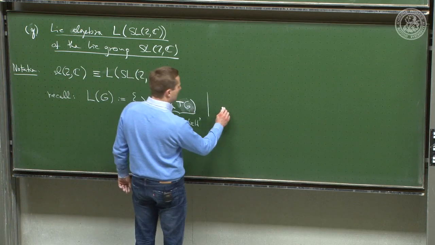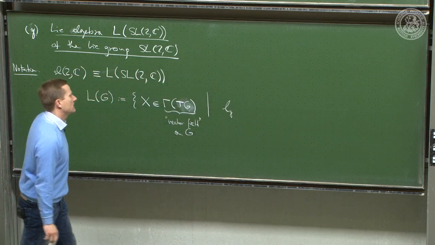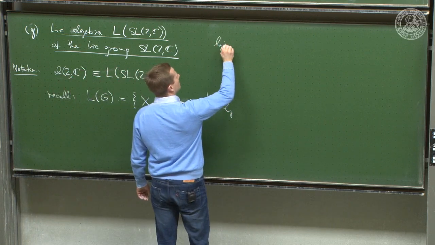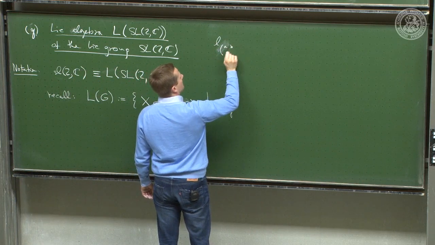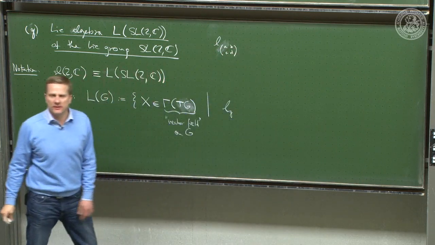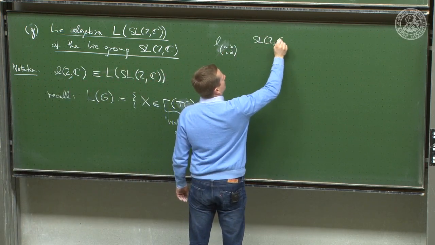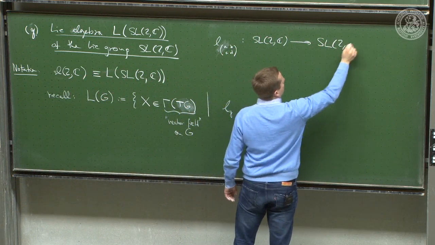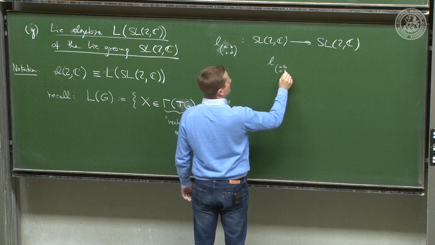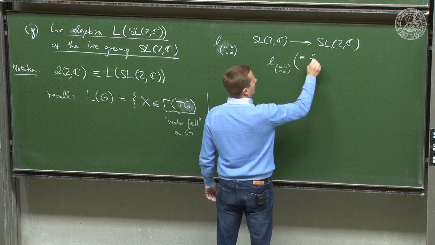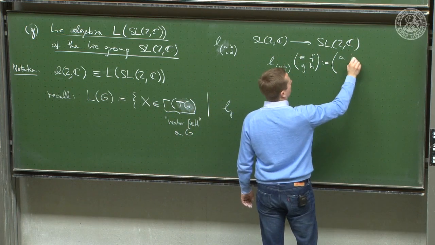Well, we had these left translations, L_g. How were they defined? L_g took an element. Okay, so let's write it down for our case. We take an element of the group. In our case, this is a point of this sort, and it takes one element of the group and produces another element of the group: L of (A, B, C, D) eating (E, F, G, H) is defined as the matrix product from the left.